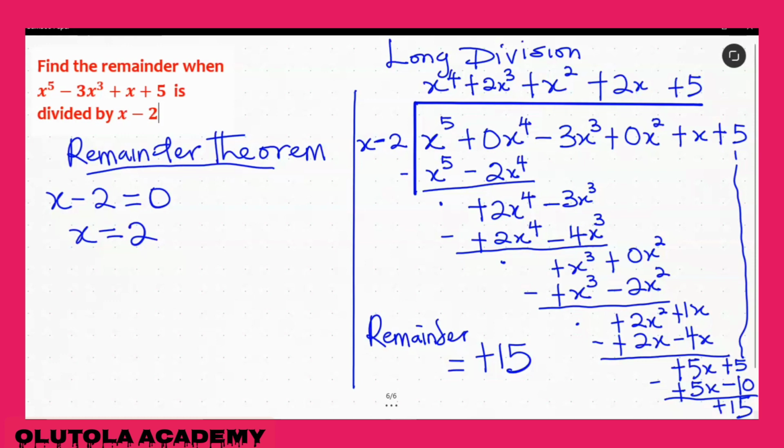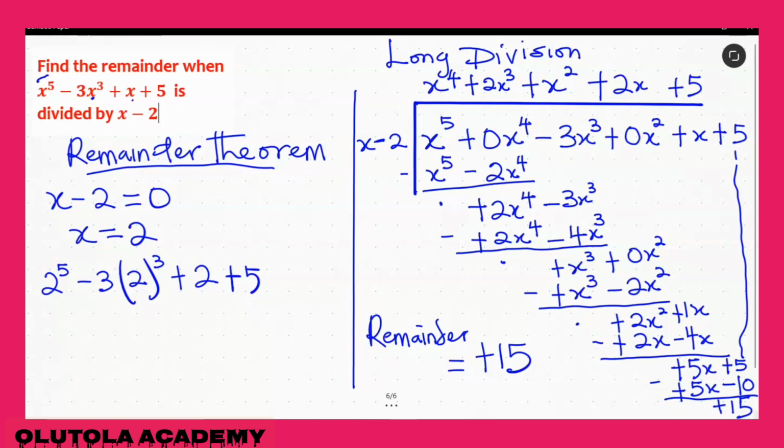So that will be 2 raised to power 5 minus 3 into 2 raised to power 3 plus 2 plus 5, and whatever I have is the remainder. So what I did is to put 2 into x raised to power 5 from the question up here, then put 2 here, then put 2 here.